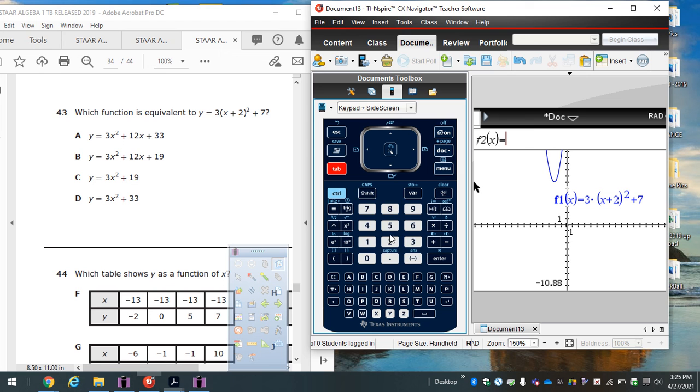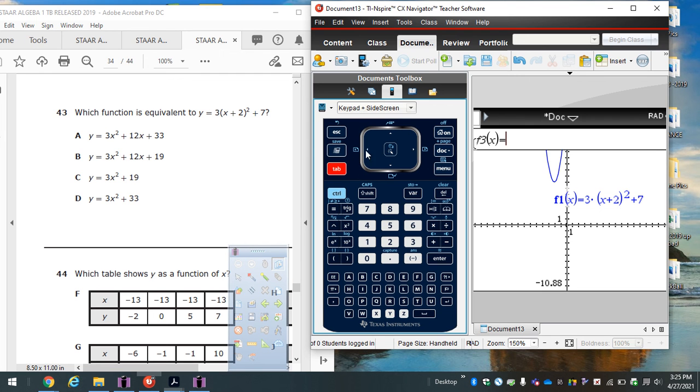Tab. I'm going to come out here and go y equals. We don't put it in there. That's already your y right there. Do not put y equals, because that's already your y right there. Okay, so you just put the rest. 3x squared plus 12x plus 33.